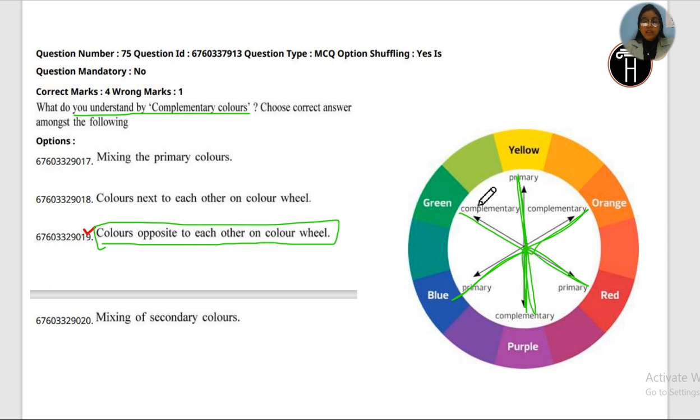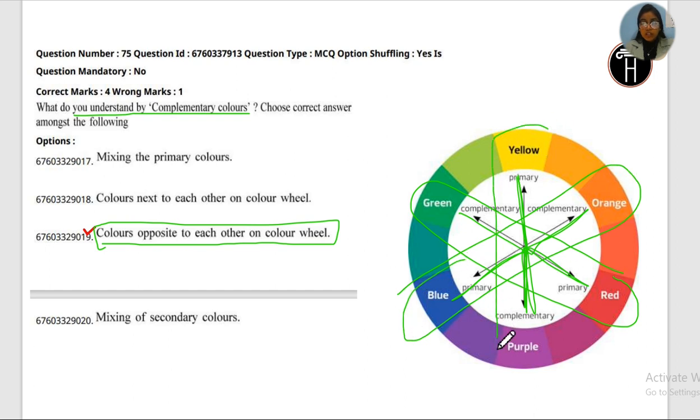In this color wheel, the complementary colors are red and green because they are opposite to each other, and blue and orange are complementary colors, the opposite ones. Same with yellow and purple. So these are your complementary colors, colors which are opposite to each other on the color wheel.